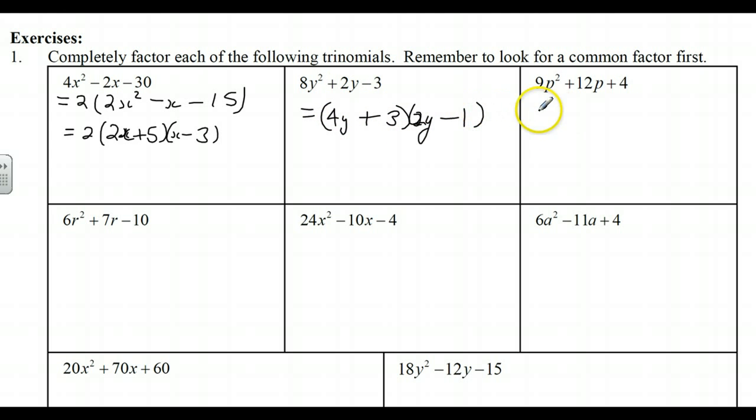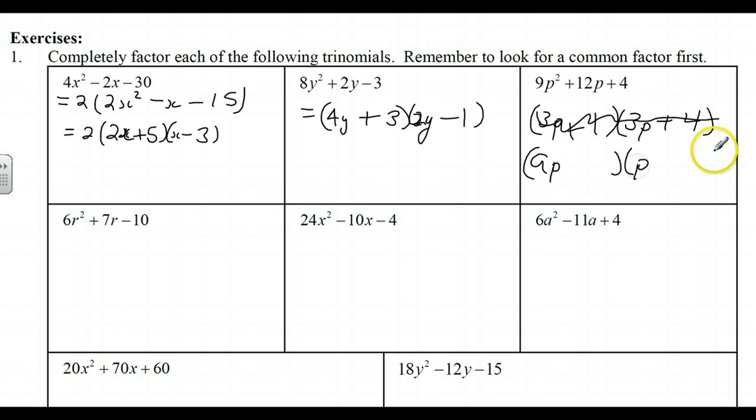No common factor. I'm guessing 9 and 3 is probably 3. What I often find is it's usually not the extremes, like 1 and 8 or 1 and 9. They multiply to 4, so it really doesn't matter where I put the 4 and the 1. They're both positive. So 9p squared plus 12p plus 1p is plus 13p. Okay, not that. Let's try 9p and p. I don't want the 4 here, that'll give me a 36. So I'm going to put the 1 there and the 4 there.